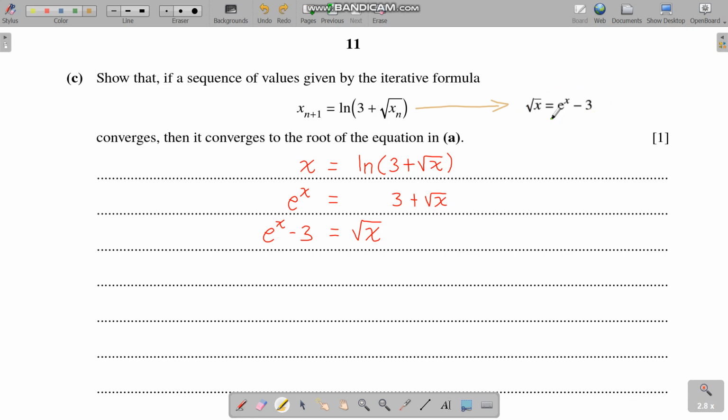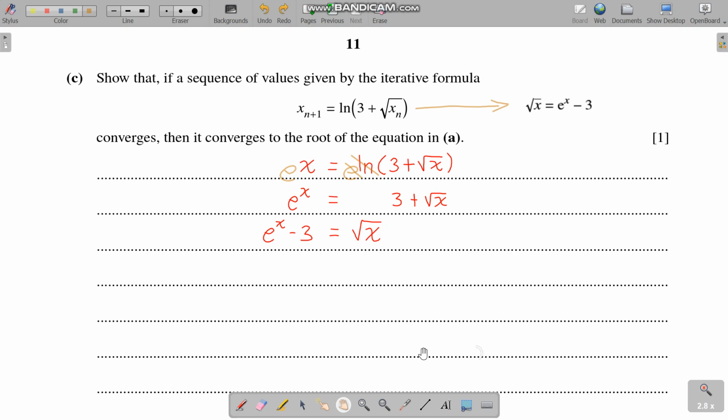Okay, so we just do the algebra until we get the original equation. So the first step is just to ignore the subscripts, and then we have x equals ln of 3 plus root x. We do e to the power of both sides, because you can cancel out, we have e to the x equals 3 plus root x, and then move the 3 to the left, we get the original equation.